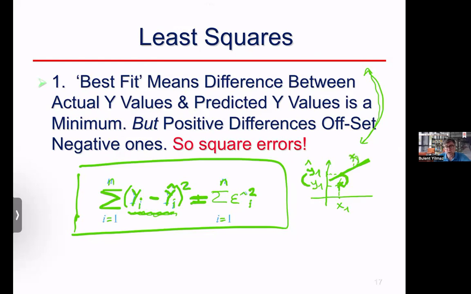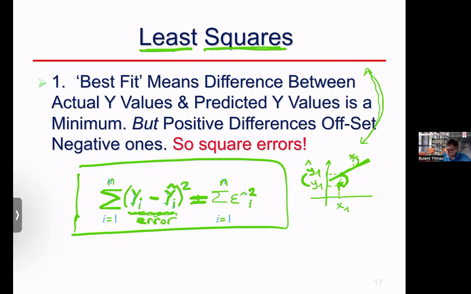They will cancel each other out, right? We don't want the errors to cancel each other out. That's why we say let's square the errors, and that's why it's called least squares. Actually, it's called least squares error, okay? This is my error.